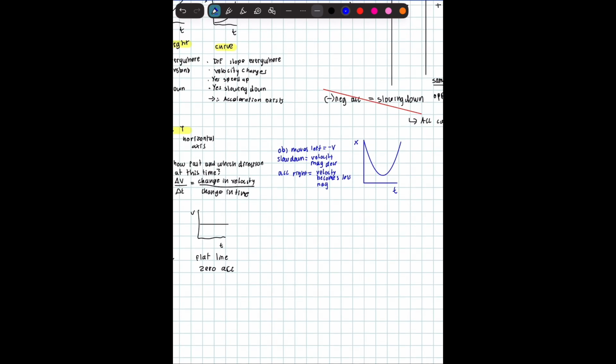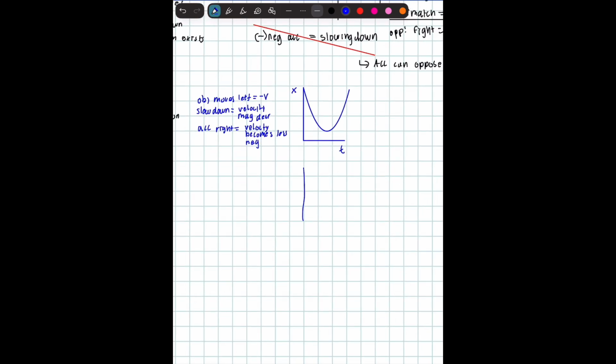And if you have a velocity time graph that's like this, this means that your acceleration is constant. And this means that your acceleration is positive.